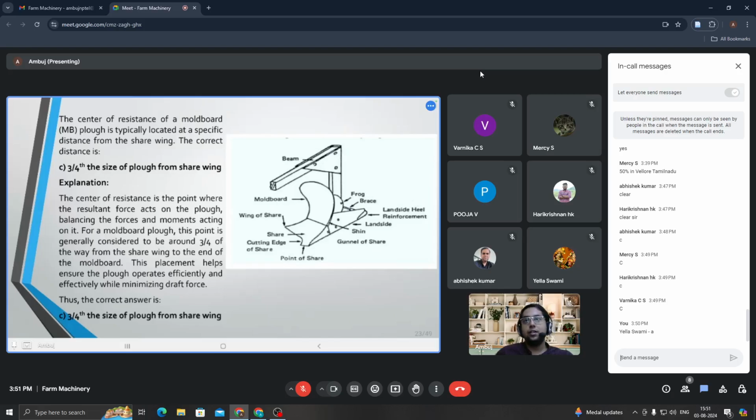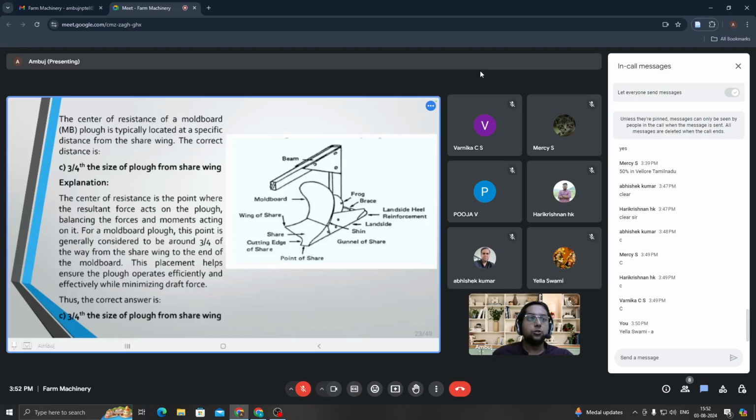The center of resistance is the point where the resultant force acts on the plow, balancing the forces and moments acting on it. That is the particular point which is known as the center of resistance. In the previous lecture, somebody was asking what is the difference between center of resistance, line of pull, line of action, and line of resistance.